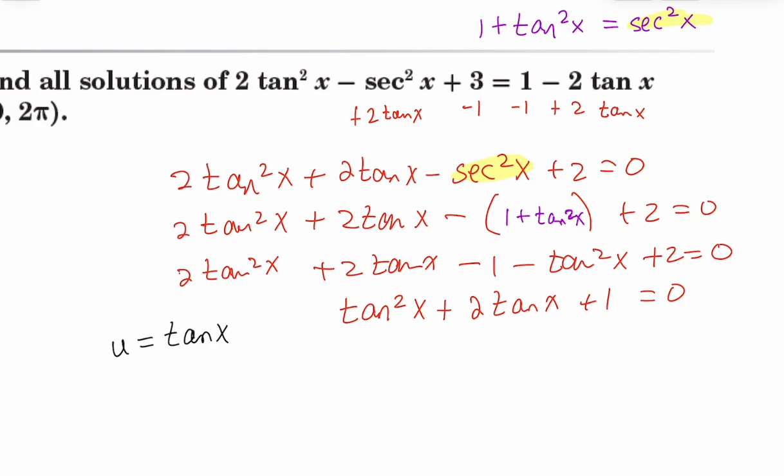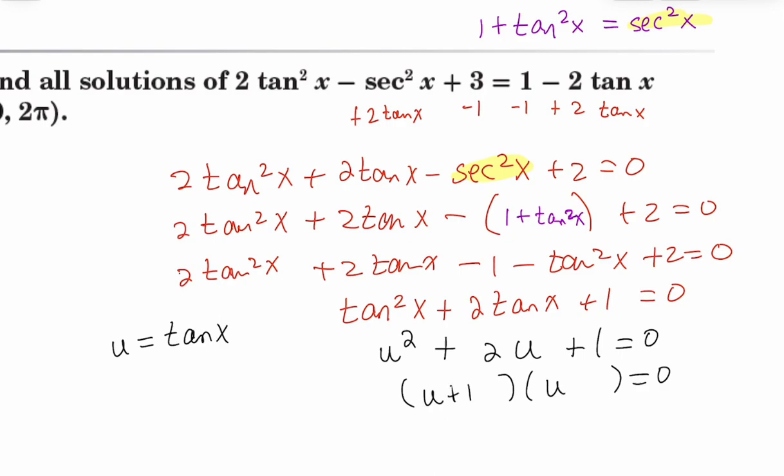At this point, every place that I see a tangent, I'm going to replace it with a u. So this would be u squared plus 2u plus 1 equals 0. The only reason we do that is so that the algebra that was hidden becomes a little more visible to us. So hopefully you recognize that that is a factorable quantity, u plus 1 times u plus 1.